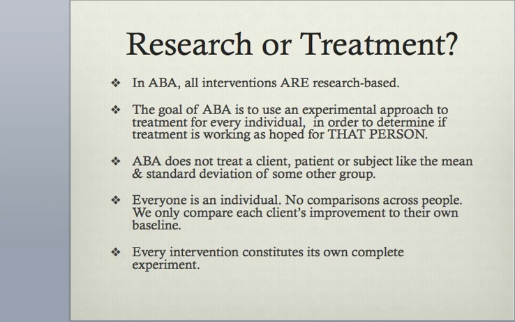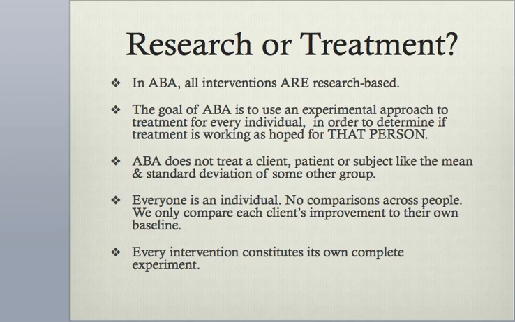Everyone is an individual. We all bring unique characteristics to whatever setting we are in. No comparisons across people in ABA. We can look and say, gee, the same effect happened for 4 people. This implies that the treatment is effective, but for the 5th person that we choose, we still collect data.